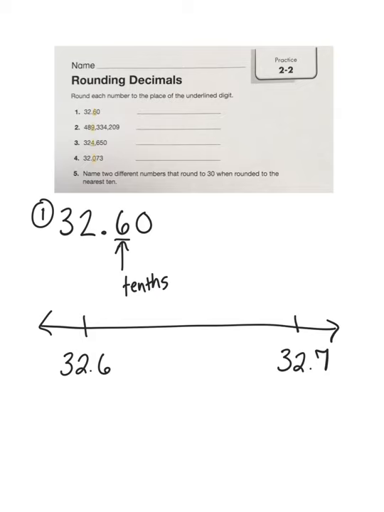Now this one is easy because, of course, the digit that I used to help me round, the hundredths place, here is a 0, which means that this number here is located exactly at 32 and 6 tenths. Those are equivalent numbers. 32 and 6 tenths is the same thing as 32 and 60 hundredths. So that one was easy.